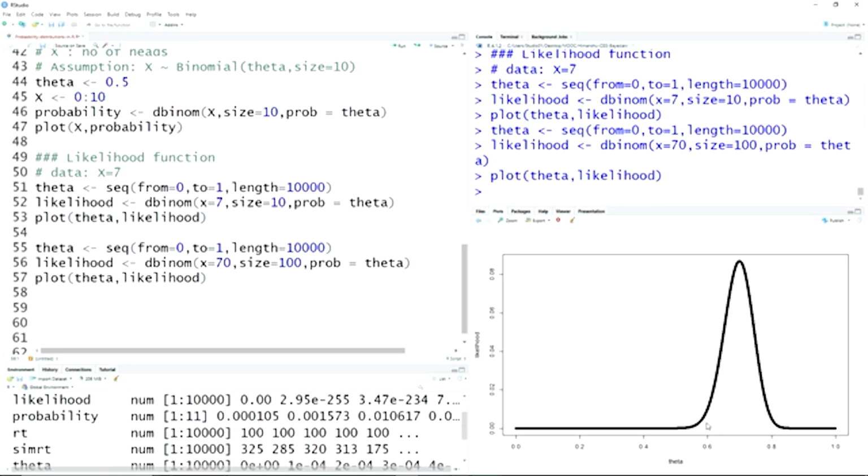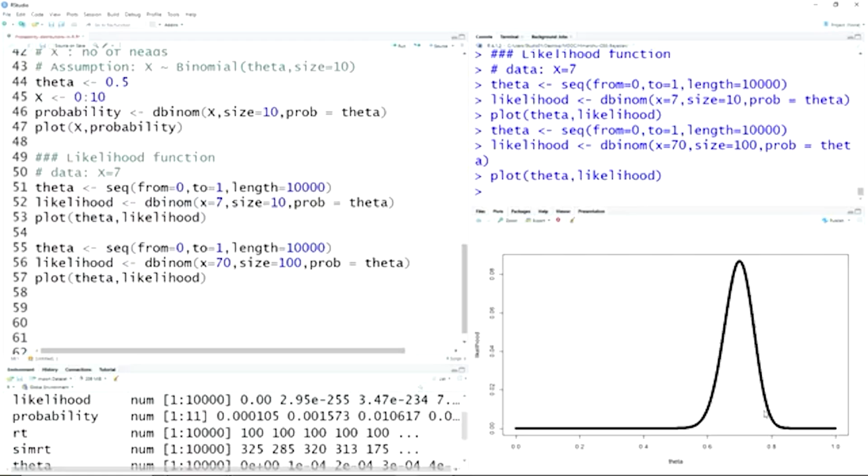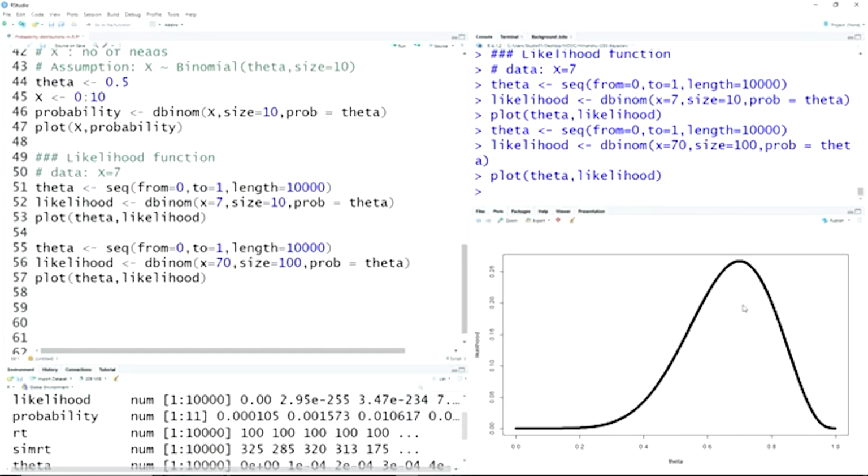So likelihood actually tells you something about the data, right? You're drawing the likelihood based on some fixed data, so the likelihood gives you whatever information there is in the data. If the data contains more information, the likelihood will be more informative, so you will have less uncertainty in the likelihood. When the data was small, you had more uncertainty.